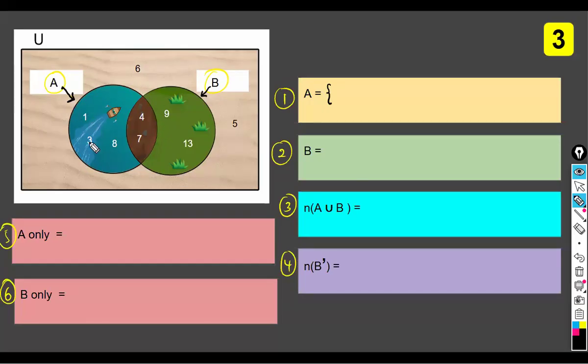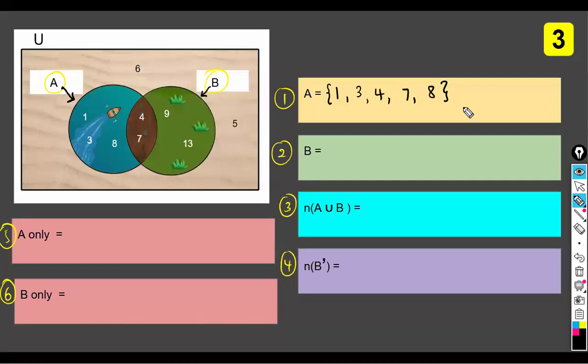So it's 1, 3, 8, 4, and 7. But I have to write it in numerical order, right? So I have to put 1, 3, 4, 7, and 8. Don't mix up the values. Have it always arranged from smallest to largest.